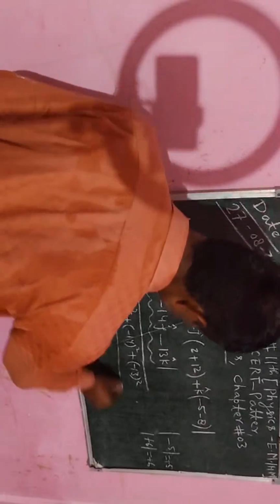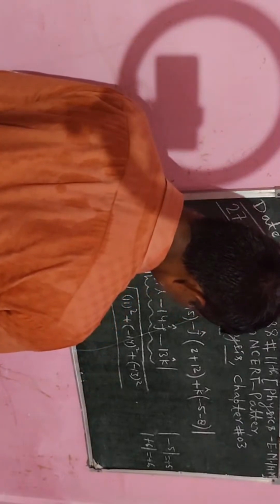So I will summarize it. Now 11 whole square will be 121.